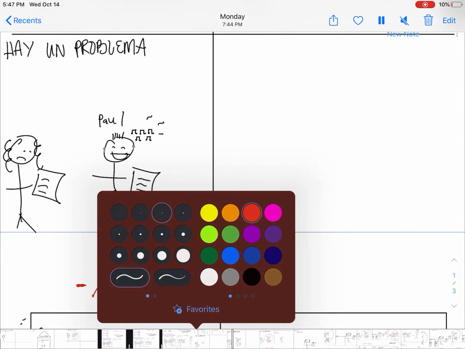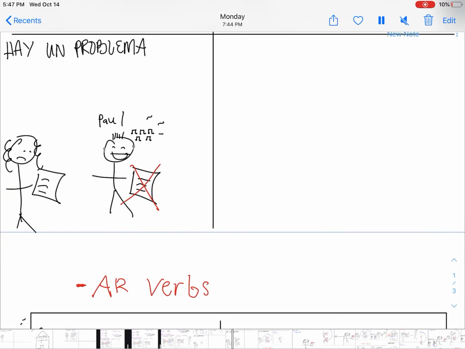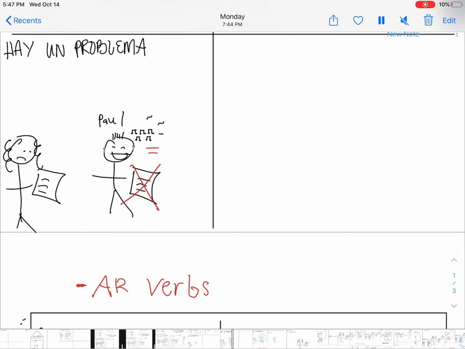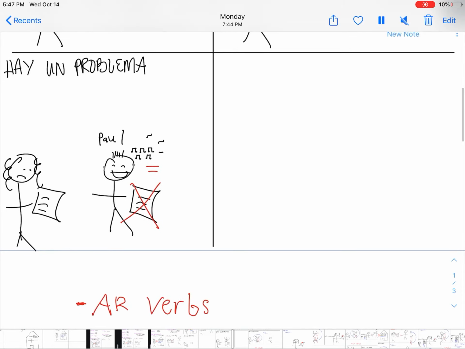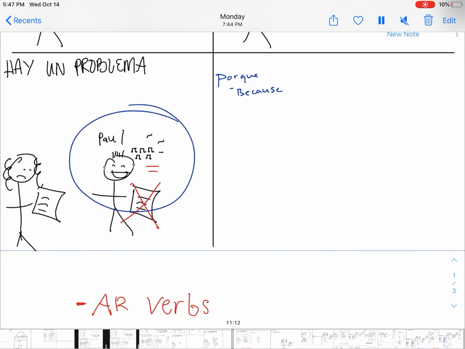Y Paul saca notas malas. Okay, so Paul saca notas malas. No es importante porque Paul escucha música.